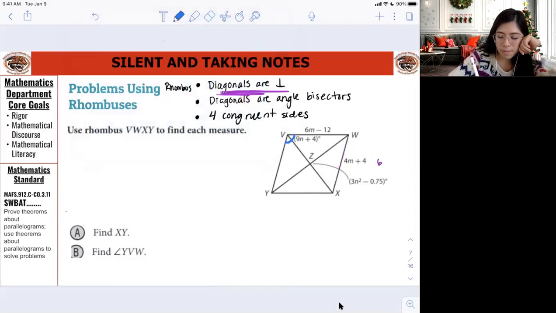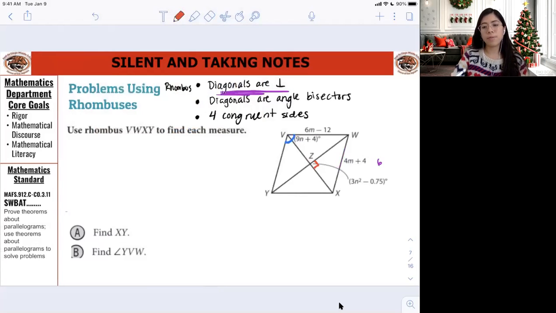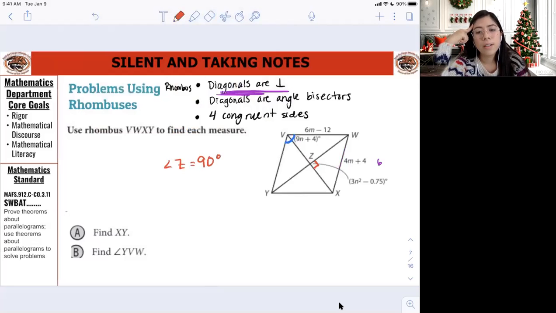But what did I just say? The middle angle is how many degrees? That one is 90. We know that. So can I write an equation using that information? If I know that angle Z is 90 degrees, can I write an equation involving that angle?